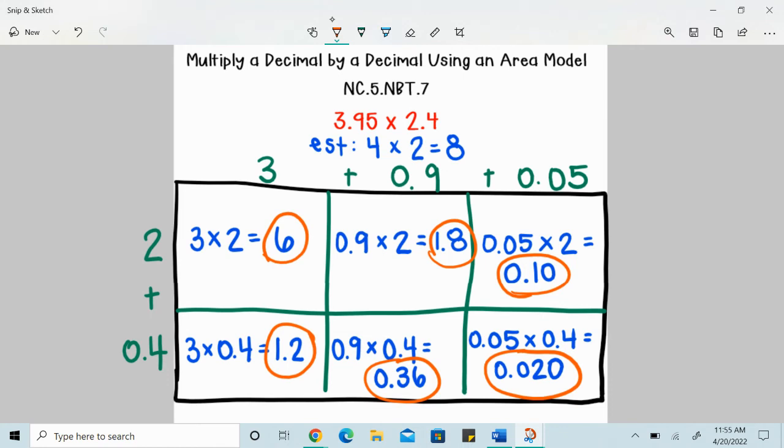First, I could do 6 plus 1 and 8 tenths. I know that would give us 7 and 8 tenths. Now if I take that 7 and 8 tenths and add 10 hundredths, which I know is actually the same as 1 tenth, now we would have 7 and 9 tenths.